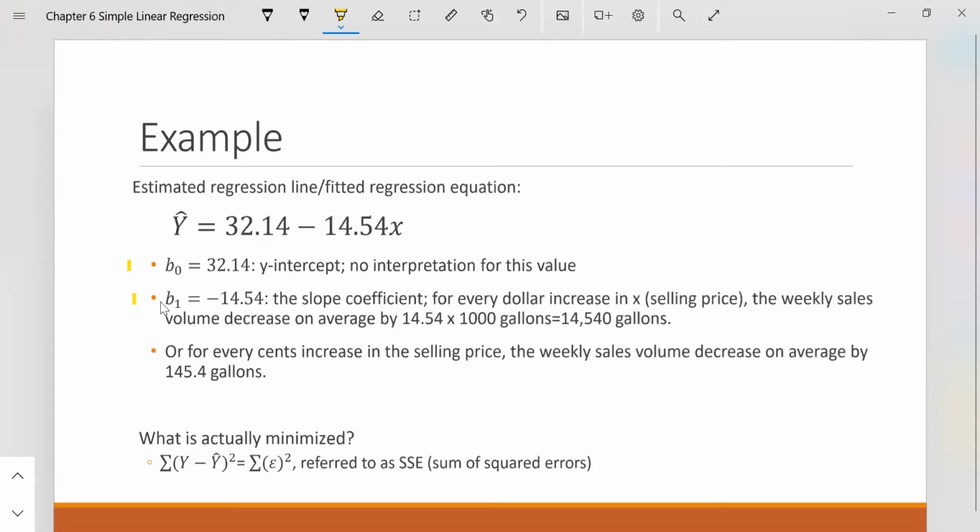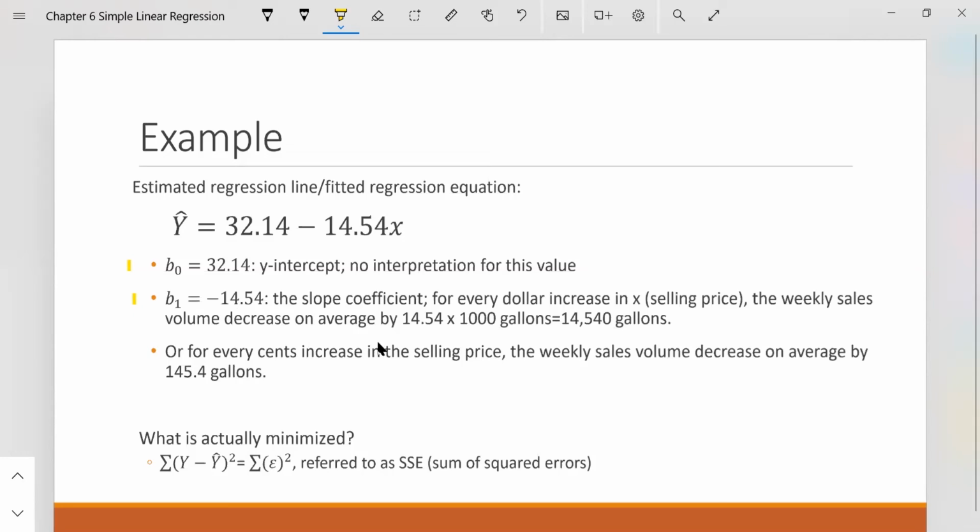In terms of B1, which is the slope coefficient, it tells us at least that x and y are negatively related because the slope is negative, and that is expected. The other thing we can say just by looking at this number is that now we can tell if the selling price changes by a certain amount, what exactly will happen to the sales, okay?